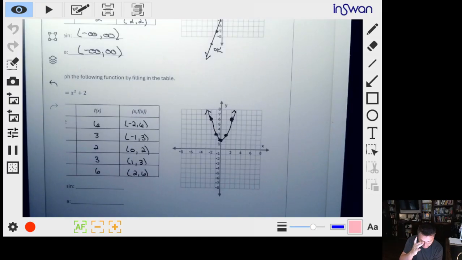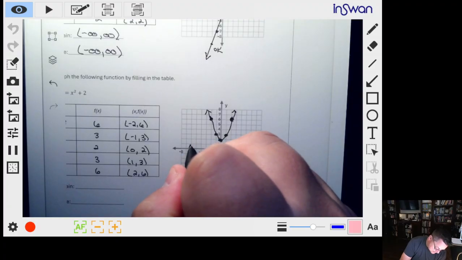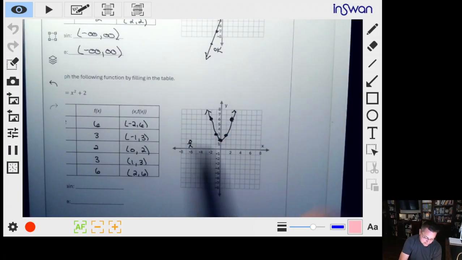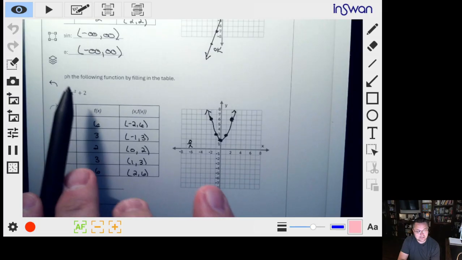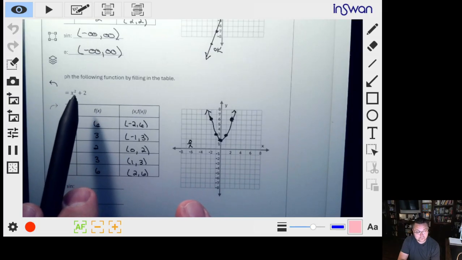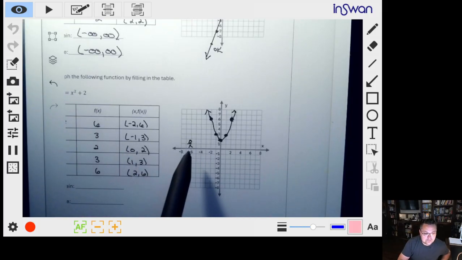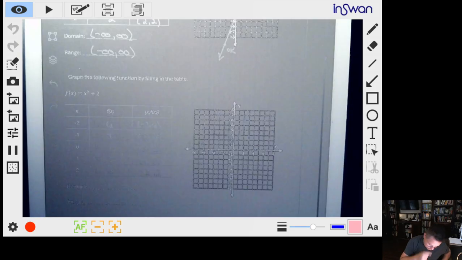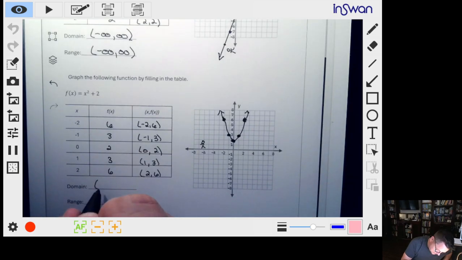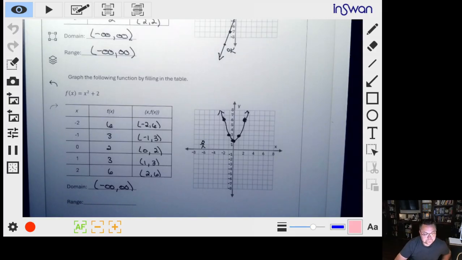So the way that you can think about this is, if I plug in negative 6, negative 6 squared is 36, and then 36 plus 2 is 38. So this will be way up here at a height of 38, but there's still a value there. So it turns out for any x value, I'll see something. So my domain is from negative infinity to infinity.